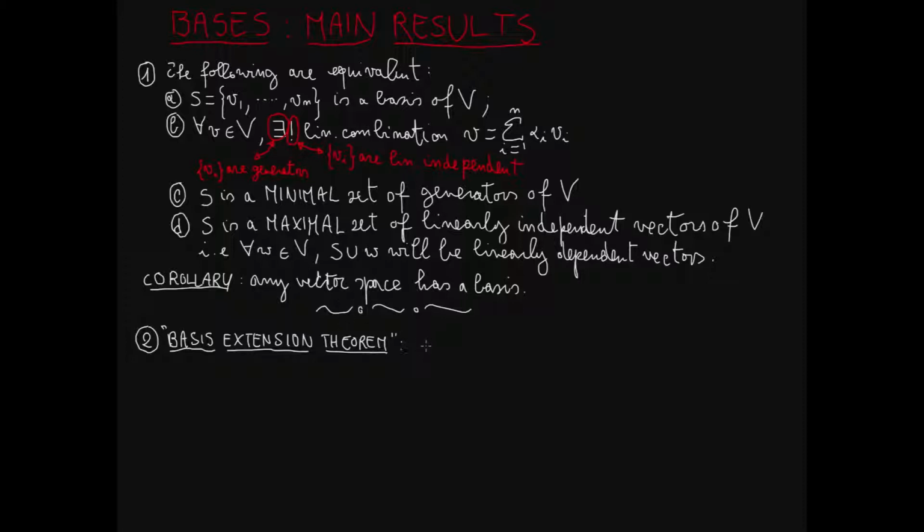So we have two sets, one of linearly independent vectors in V and one of generators.